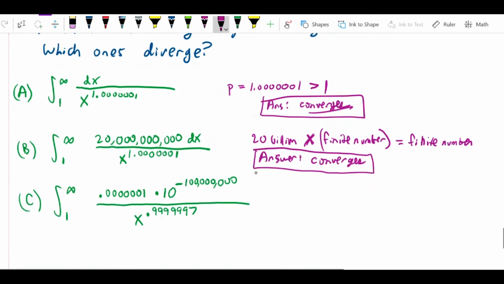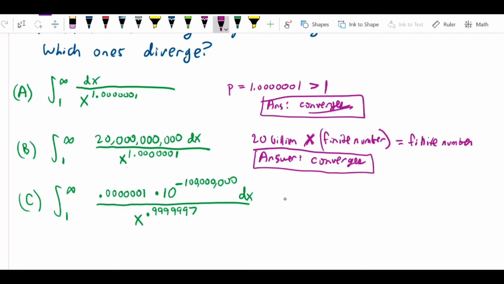Now, what about c? For c, we're taking the integral of 1 over x to the 0.9999997, and we're multiplying it by, I forgot the dx. Of course you're going to say this diverges because I didn't say that there was a dx there. So what we're doing is we're taking this integral and multiplying it by an unimaginably small number. We're taking 100 million zeros.